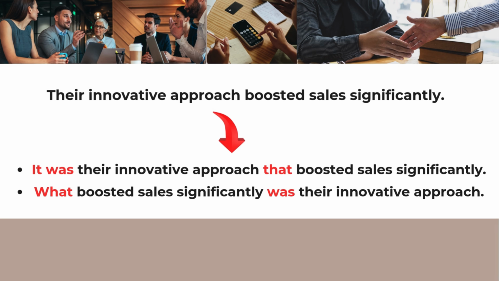Let's look at 5 examples to make sure that you know exactly how to use cleft sentences. Let's start with this one. A simple version would be, their innovative approach boosted sales significantly. If you wanted to highlight this sentence, you could do 2 things. You could either say, it was their innovative approach that boosted sales significantly, or, what boosted sales significantly was their innovative approach.